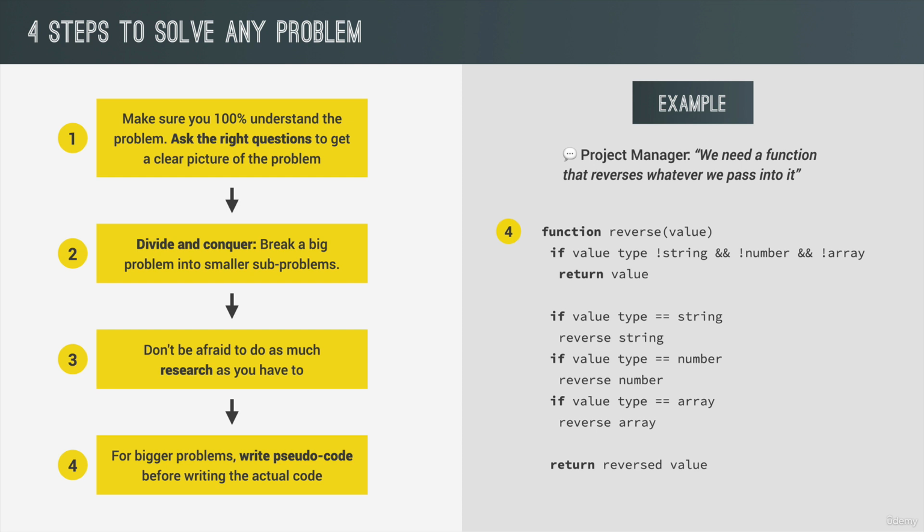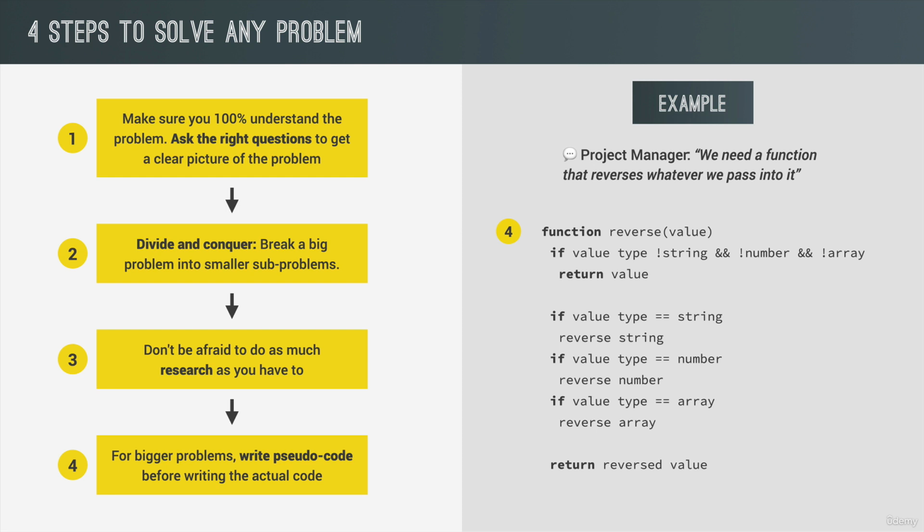If the value is a number, then reverse the number. And if the value is an array, then simply reverse the array. And then at the end, we want to return the reversed value. Okay? So this is really more like a list of instructions that we now could go ahead and actually implement using the JavaScript language.